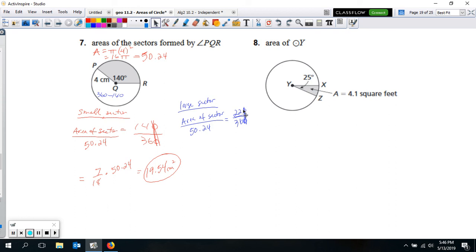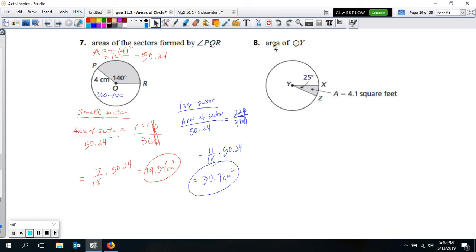We can cross out those last zeros again. We could simplify this, make this 11/18 there, and then multiply by 50.24. So we can say 11/18 times that 50.24 number, and on the calculator that would become 30.7 centimeters squared. So you're just going 11 divided by 18 and then times 50.24 to get this number.